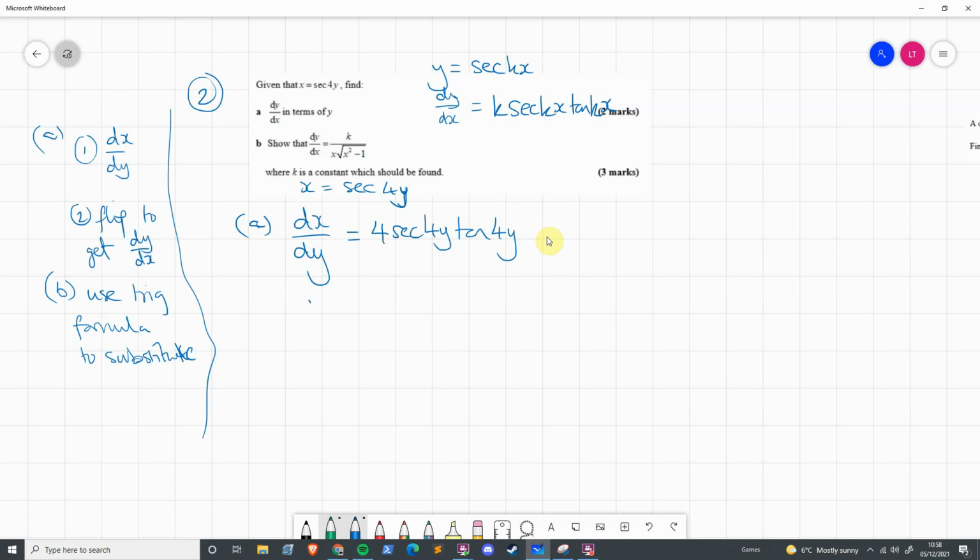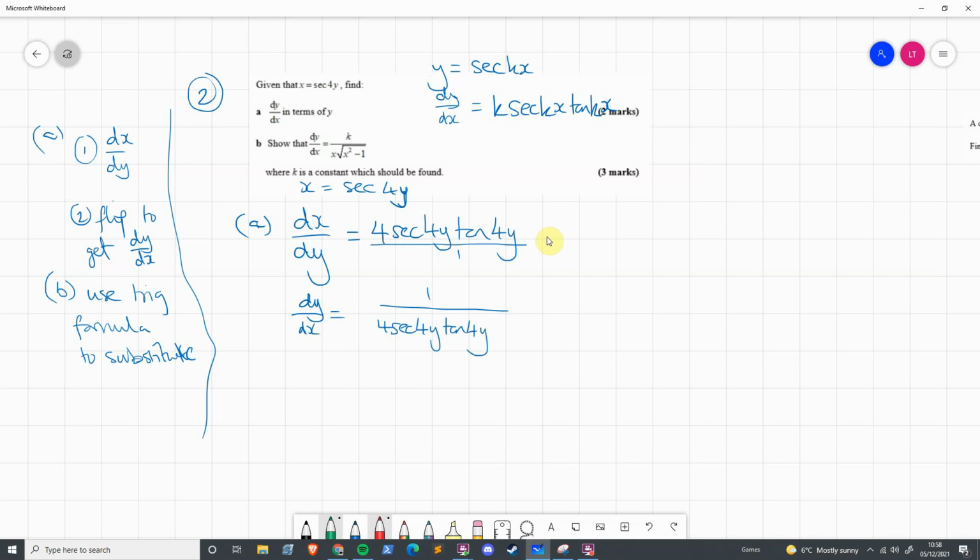That's dx by dy. To do dy by dx, you flip it. So this is essentially over 1, isn't it? So let's call it 1 over 4 sec 4y tan 4y.